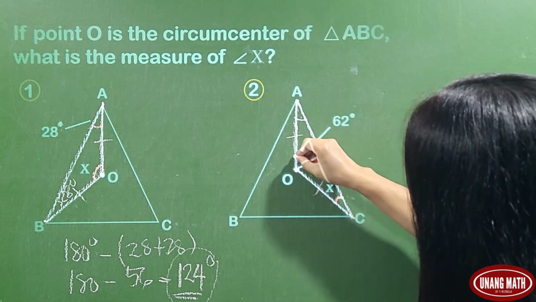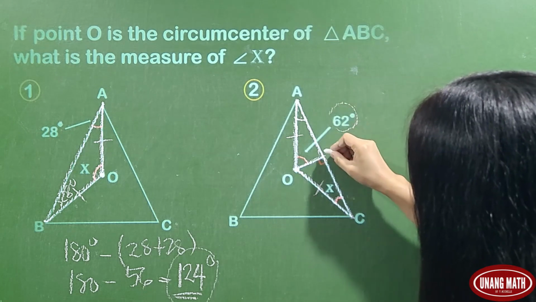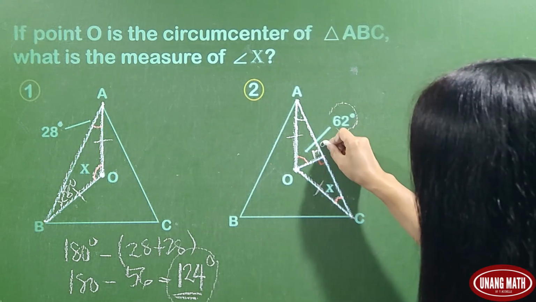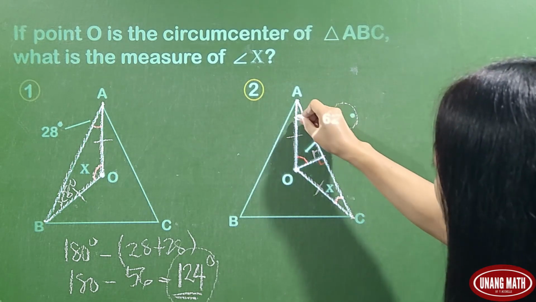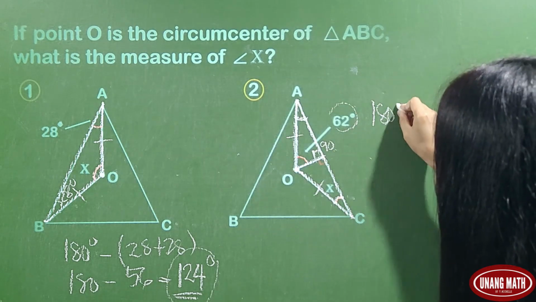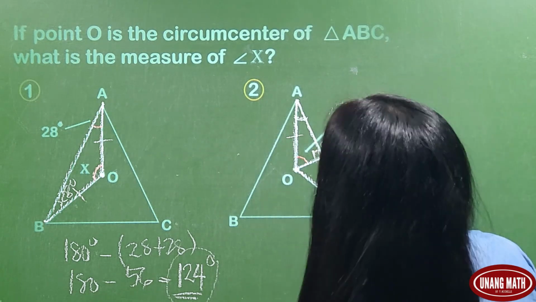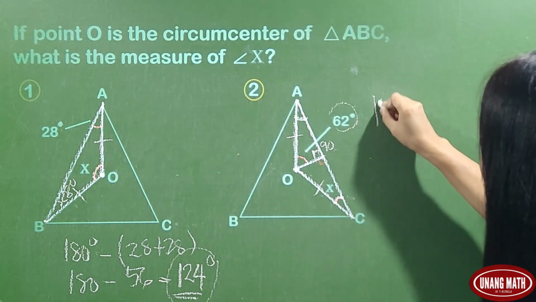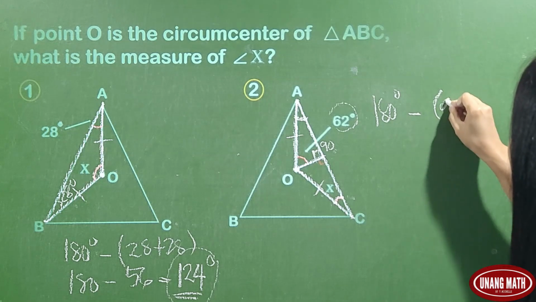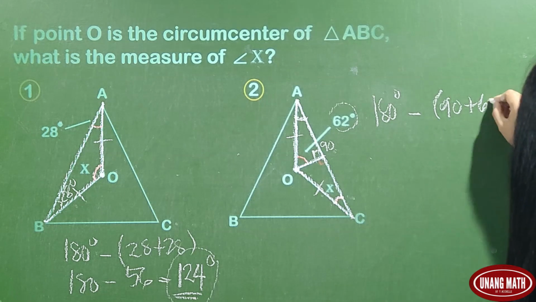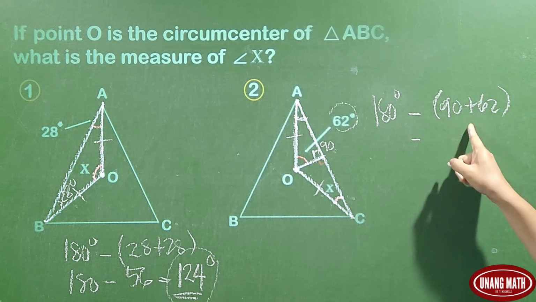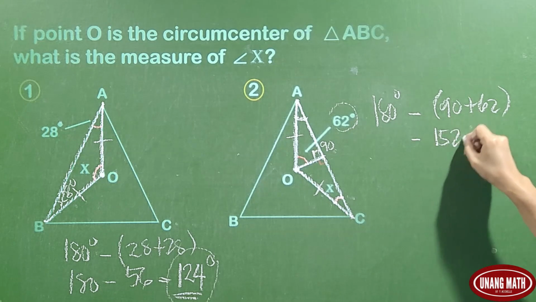It's given that this is 62 degrees. Of course, this is a right angle, so it's 90 degrees. To find this angle, we have 180 degrees minus the sum of 90 and 62. 90 plus 62 is 152 degrees.